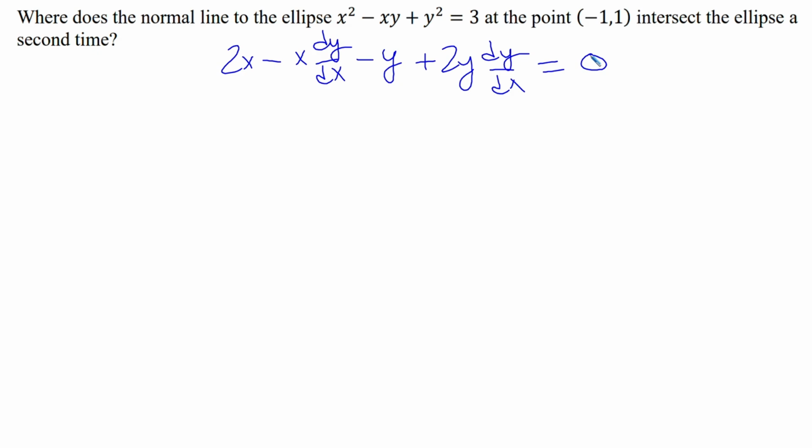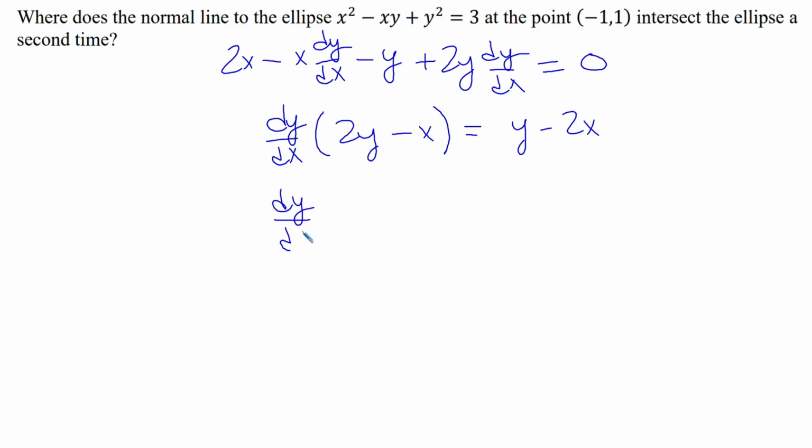We'll just leave the dy/dx terms on this side and factor out the dy/dx. So dy/dx times (2y minus x) is equal to y minus 2x on the other side when we bring those terms over. dy/dx is equal to (y minus 2x) over (2y minus x).